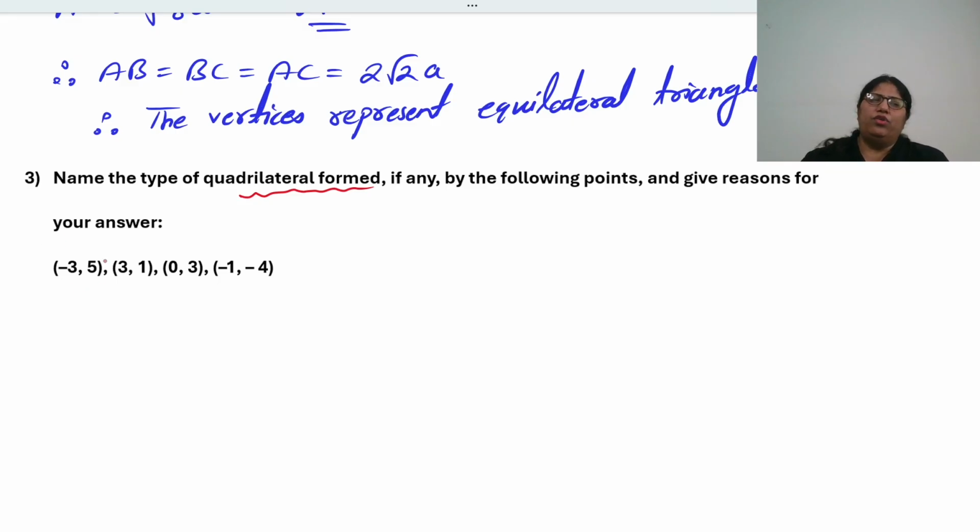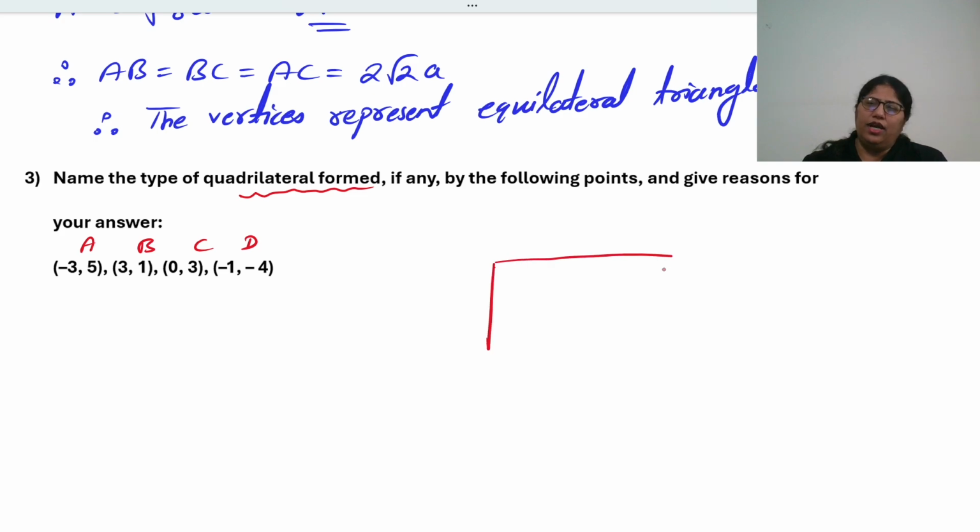Remember, whenever four coordinates are given, I'll take it in the order A, B, C, D or PQRS, right? Do not change. You can't take random vertices; the naming should be given in the correct order, correct? So let us draw first a quadrilateral here.